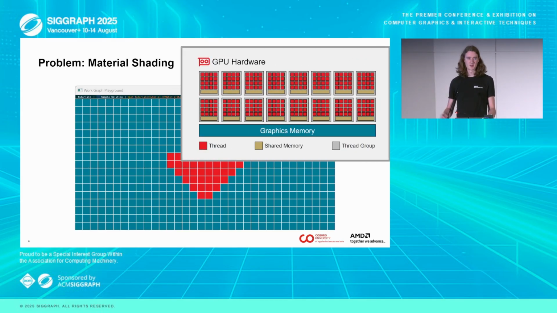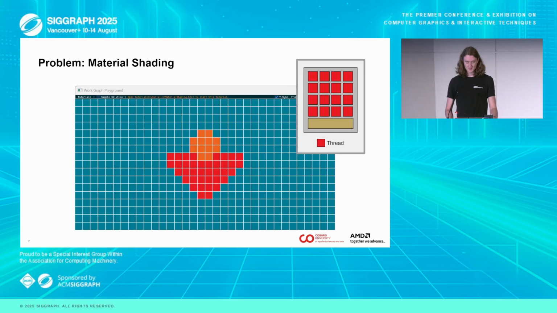So let's remind ourselves we can only run code on our GPU hardware. This was the abstraction that we had before. We have the different threads bundled in thread groups with the shared memory. So let's pick one of those thread groups and make it even simpler by saying, okay, we have 4 threads. And those 4 threads we can map onto 4 pixels. And those 4 pixels can then start processing all the pixels on screen.